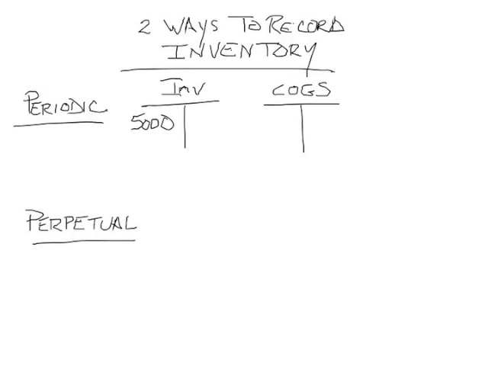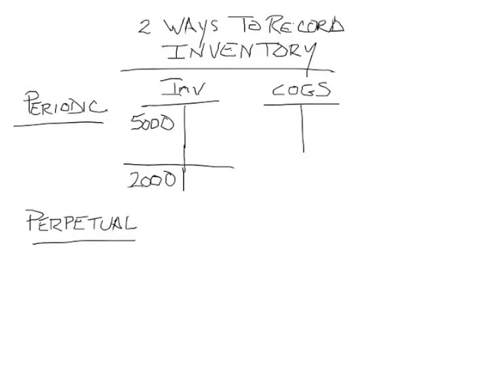You essentially say, all right, it's now time to do the financial statements. Before we do that, let's conduct an inventory of our inventory. Let's see what we have. So you go, you count everything, and you say, oh look, I have $2,000 of inventory left.